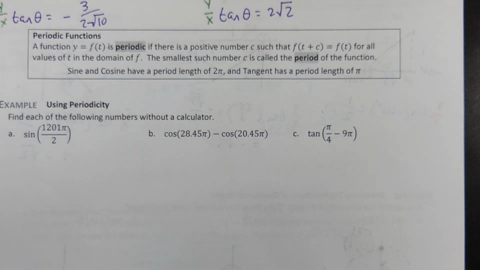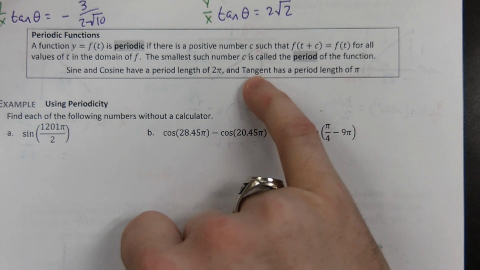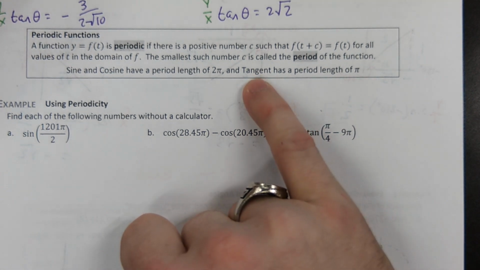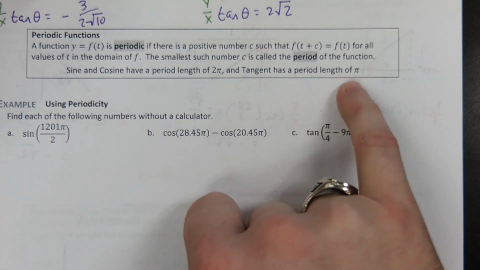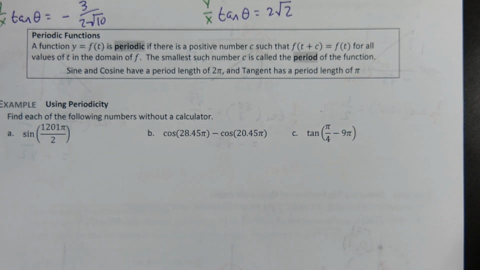That is their period length. Every 2 pi radians, or 360 degrees, sine and cosine say you've done absolutely nothing. You stayed where you were. No, you didn't. You moved. We get it. But the trig doesn't know that. Now, tangent repeats itself every half of a circle.